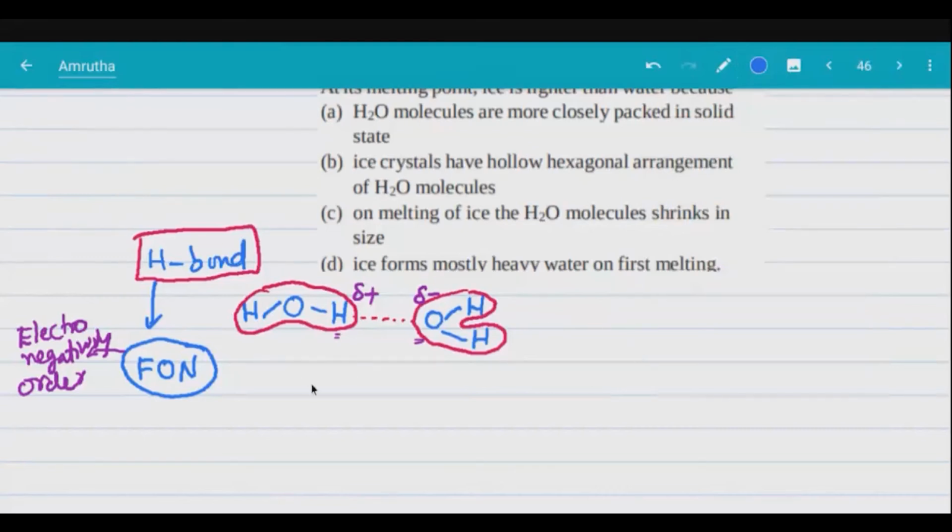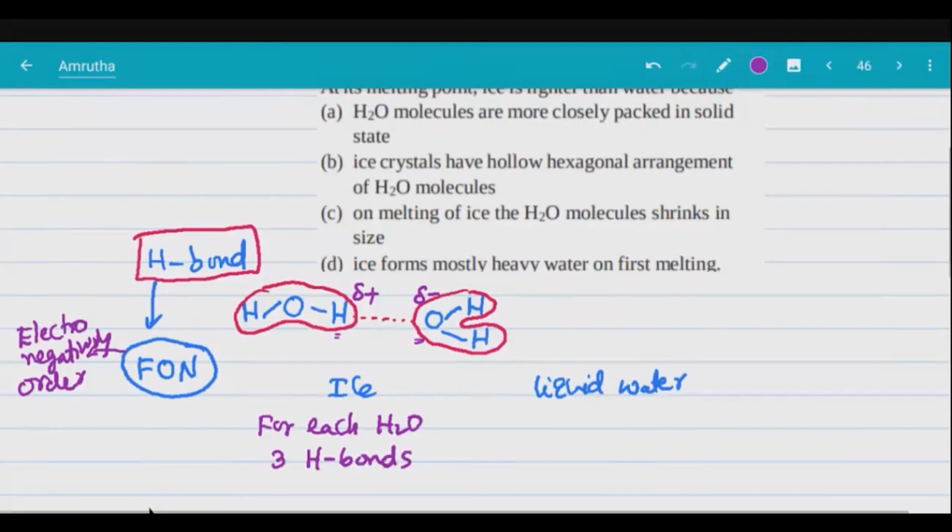Now, if you discuss ice and liquid water, so there is a small difference. In ice, listen carefully, in ice, for each water molecule, each H2O, there are three hydrogen bonds. Okay, but for each H2O, there are four hydrogen bonds in liquid water.